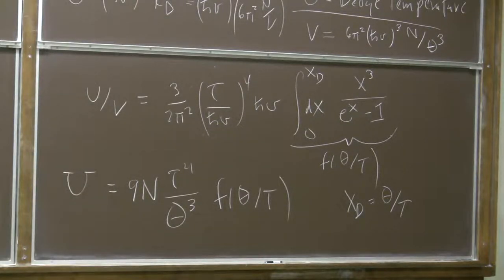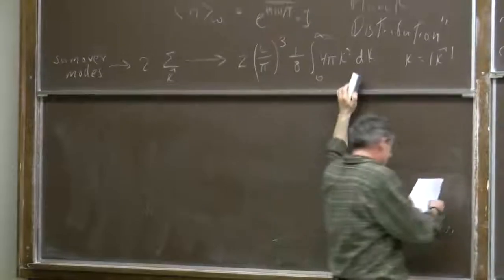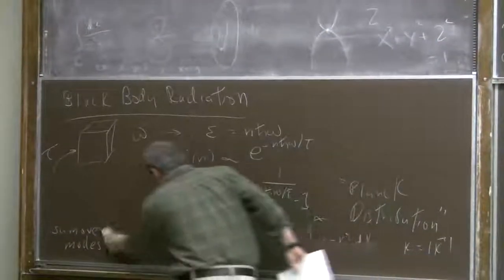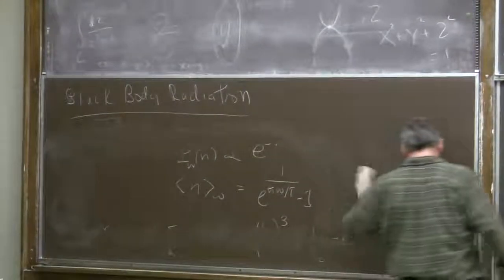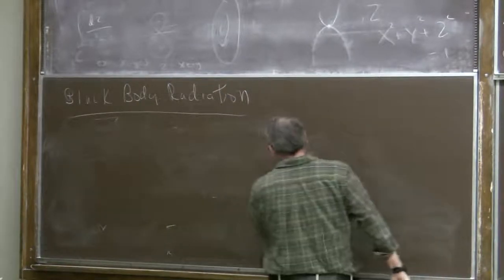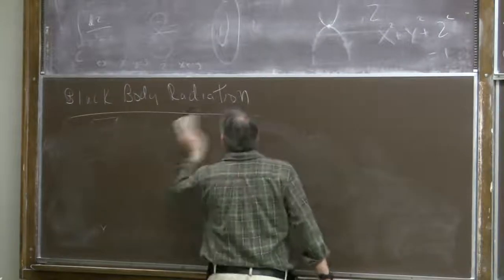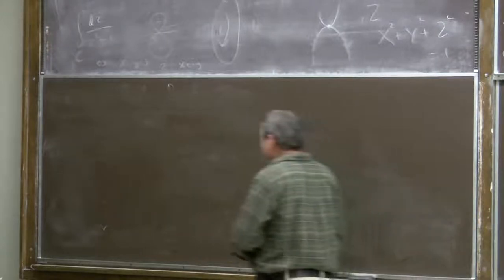It's a dimensionless function of theta over tau, and we can find how it behaves when theta over tau is small compared to 1 and when it's large compared to 1.